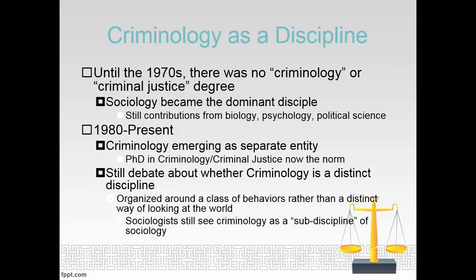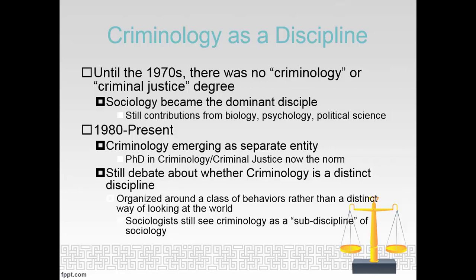All right, so the other way to look at criminology is to think about it as an academic discipline. In that sense, it's a newbie. Until the 70s, universities didn't have a criminology or criminal justice degree.